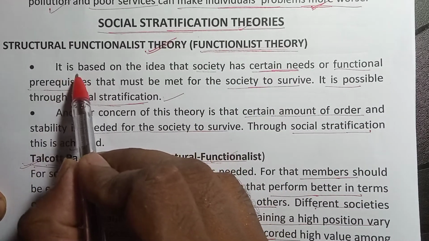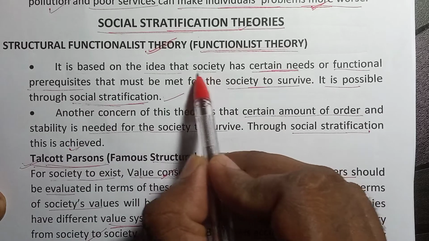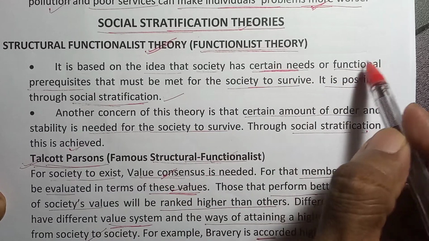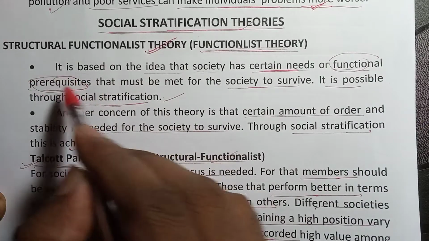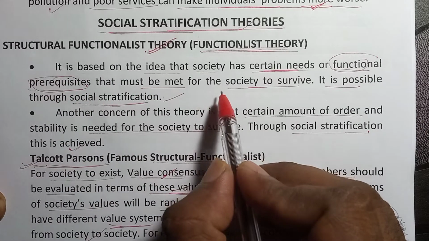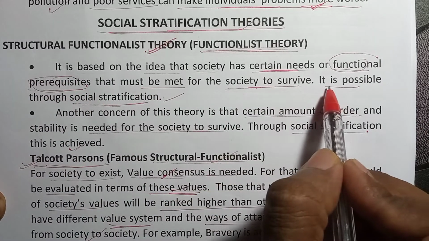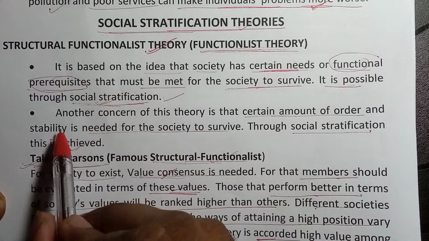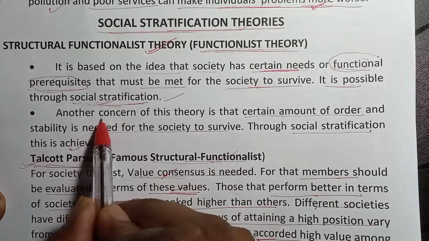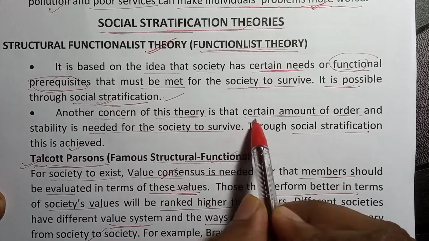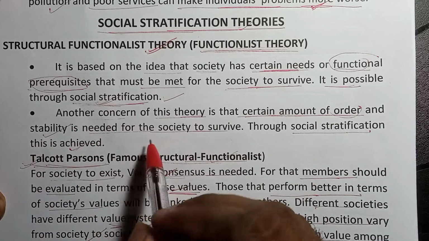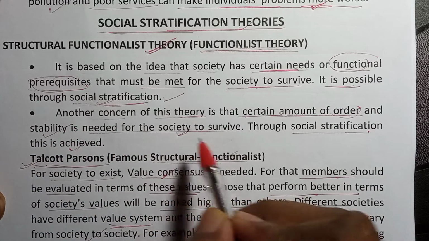It is based on the idea that society has certain needs or functional prerequisites that must be met for the society to survive. It is possible through social stratification. Second point, another concern of this theory is that a certain amount of order and stability is needed for society to survive.